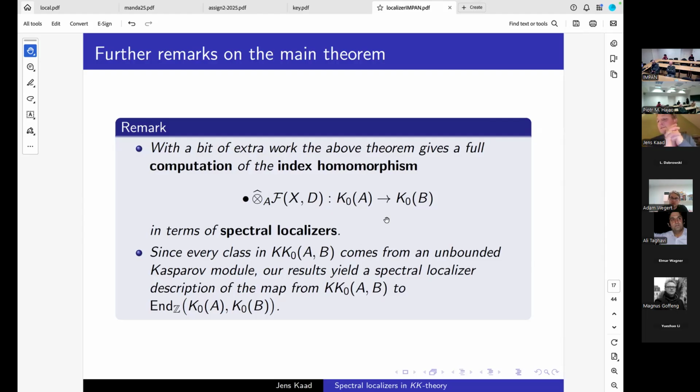And this sometimes works, and there's by now quite a lot of work available on this topic related to the unbounded Kasparov product. So you can really use unbounded Kasparov modules to build new spectral triples from existing spectral triples.